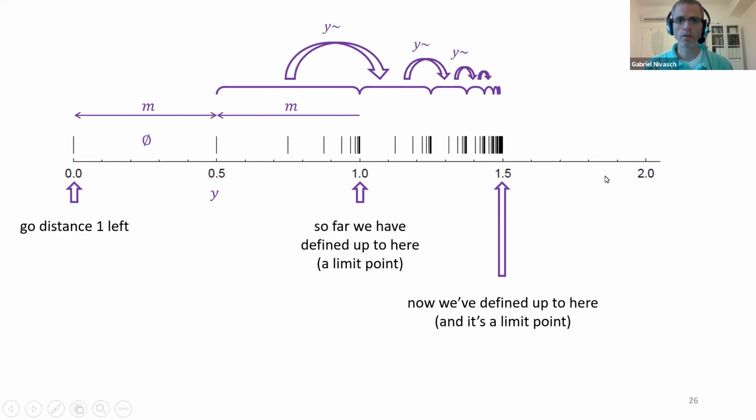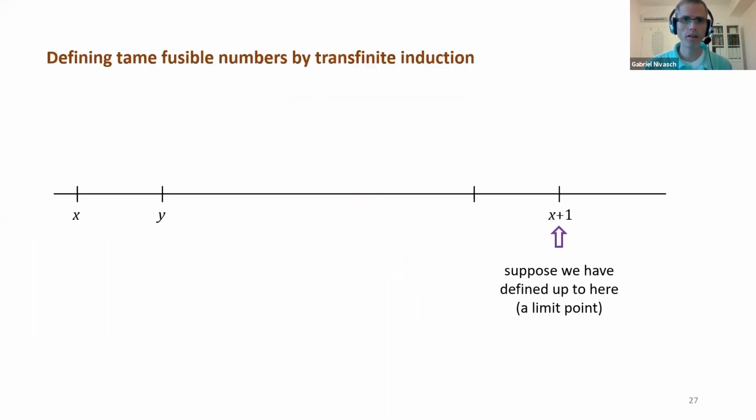So you do ordinal induction on this process. In general, suppose you have defined the tame fusible numbers up to some number x plus 1, and suppose that it's a limit point. So you go distance 1 left back to x. You go right to the next fusible number, covering some distance m. And from x plus 1, you go left distance m.